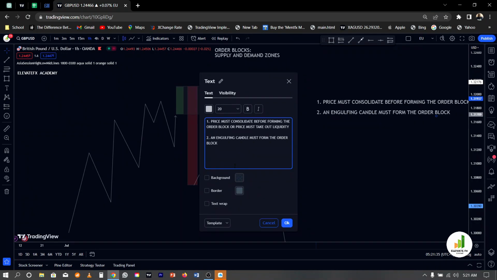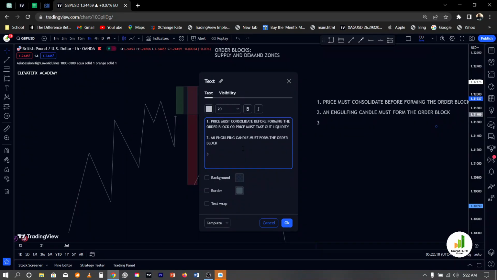If you're an intraday trader, or whatever trader you are, even if you are trading swing, or you are a scalper, once you're able to marry the narrative in the market, what is happening in the market, with specific areas to get involved in the market, then you'd see your trading take a different turn entirely. So let's go back to these rules. Let's not digress. Price must consolidate before forming the order block, or price must take out liquidity. That's rule number one. An engulfing candle must form the order block. That's number two.